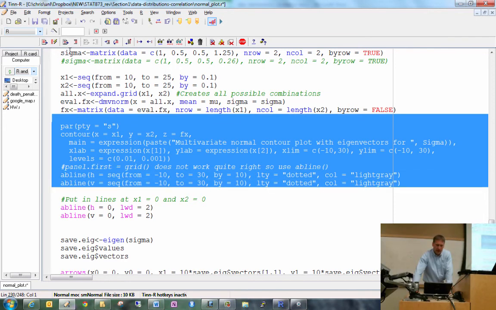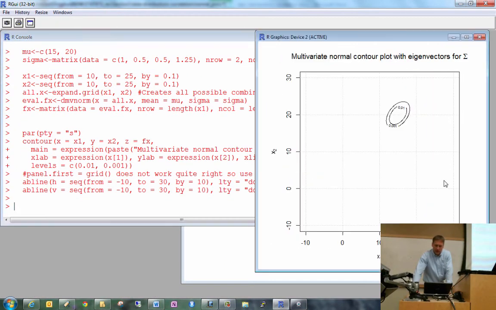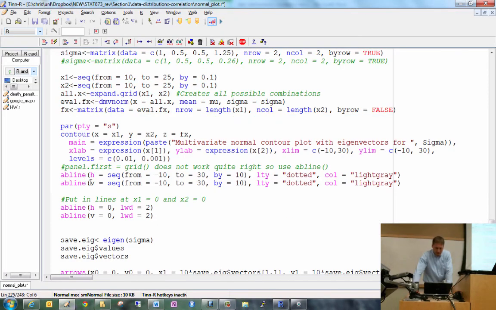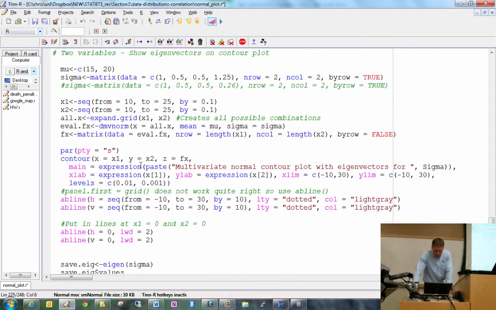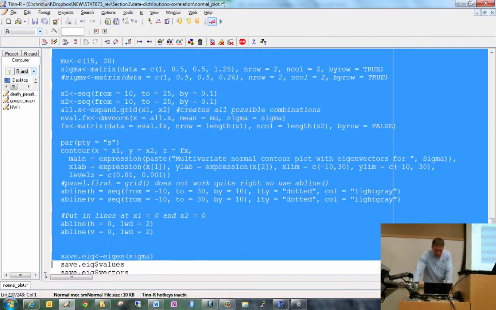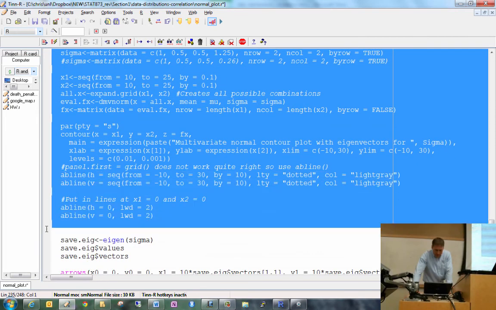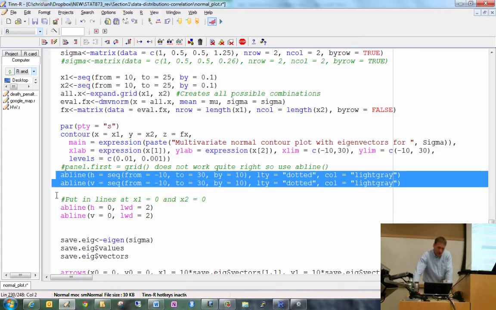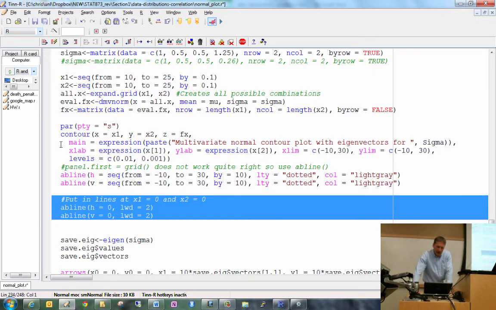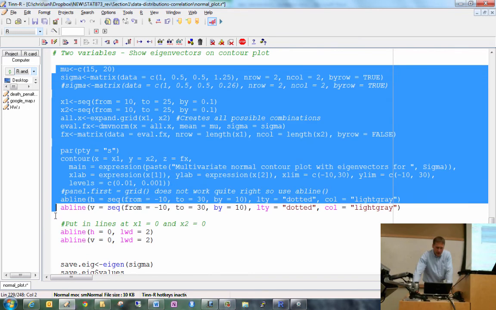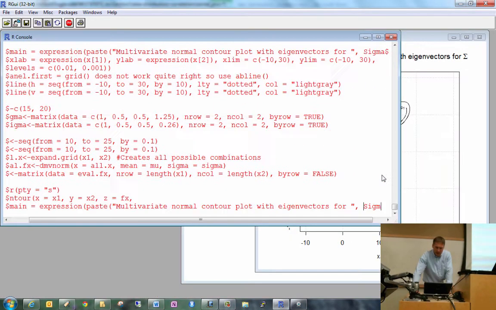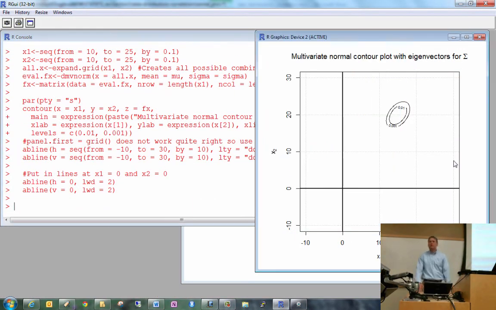And then I'm going to put a horizontal line and a vertical line. Oops, that didn't work. Let's try the whole thing again. Okay, these are the grid lines, and I'm going to plot some lines at essentially x equals 0, y equals 0 on my plot. So there we go.